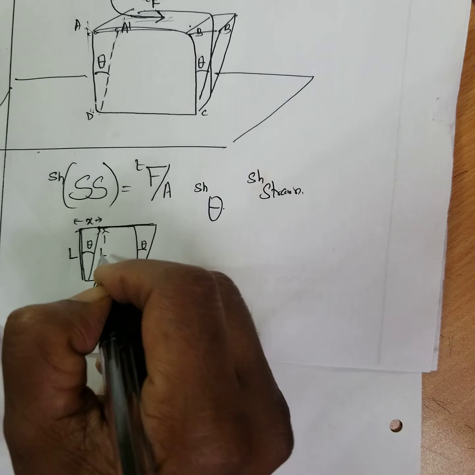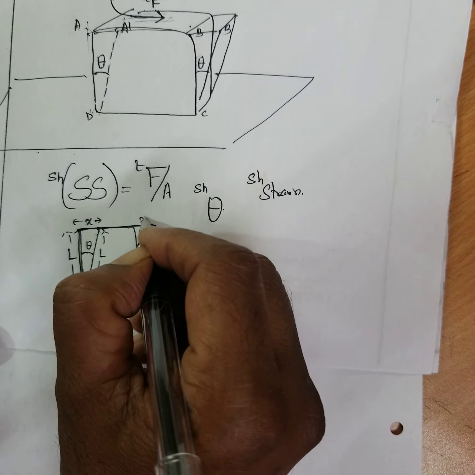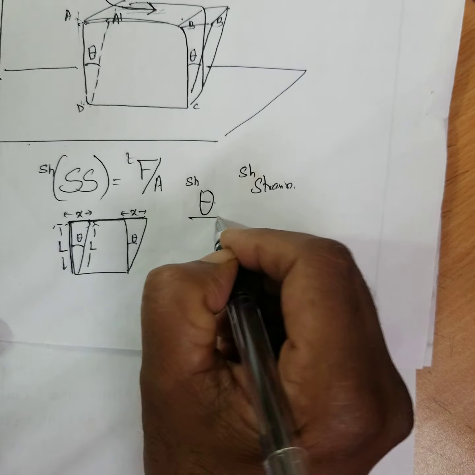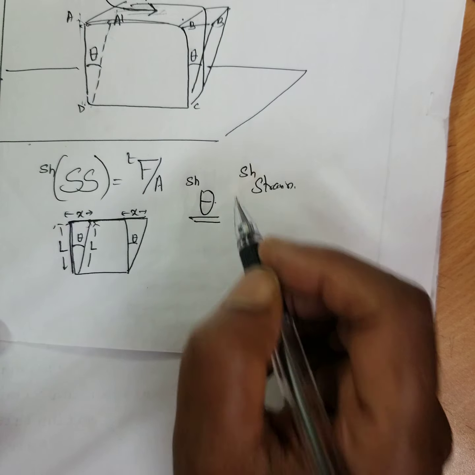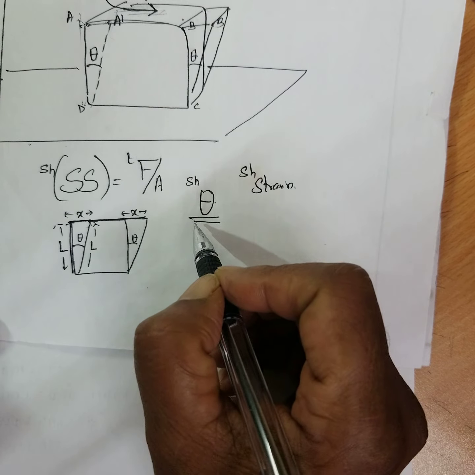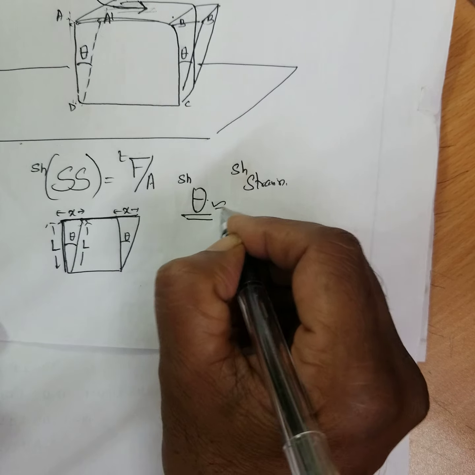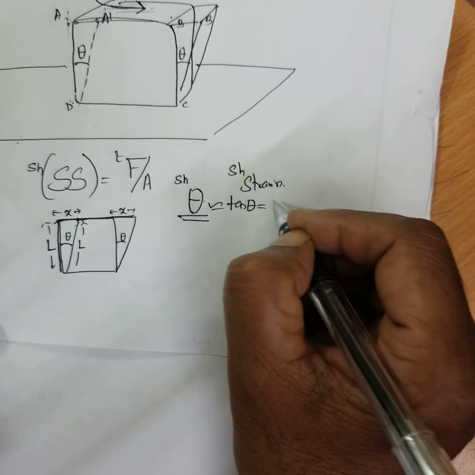L remains the same, and there is a displacement here also, from here to here. Therefore, theta is a measure of shearing strain. The shearing strain theta is equal to tan theta, which is opposite over adjacent.